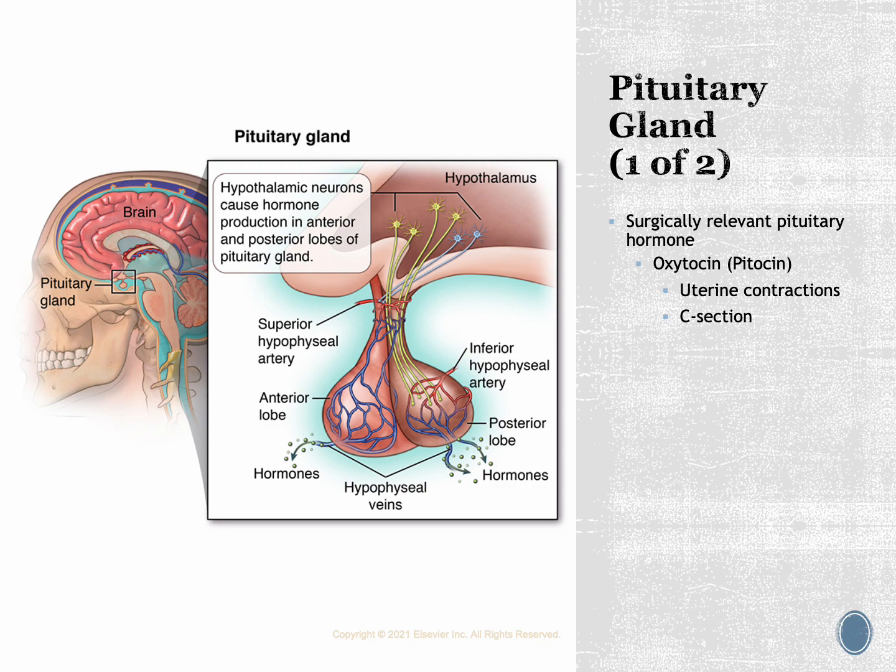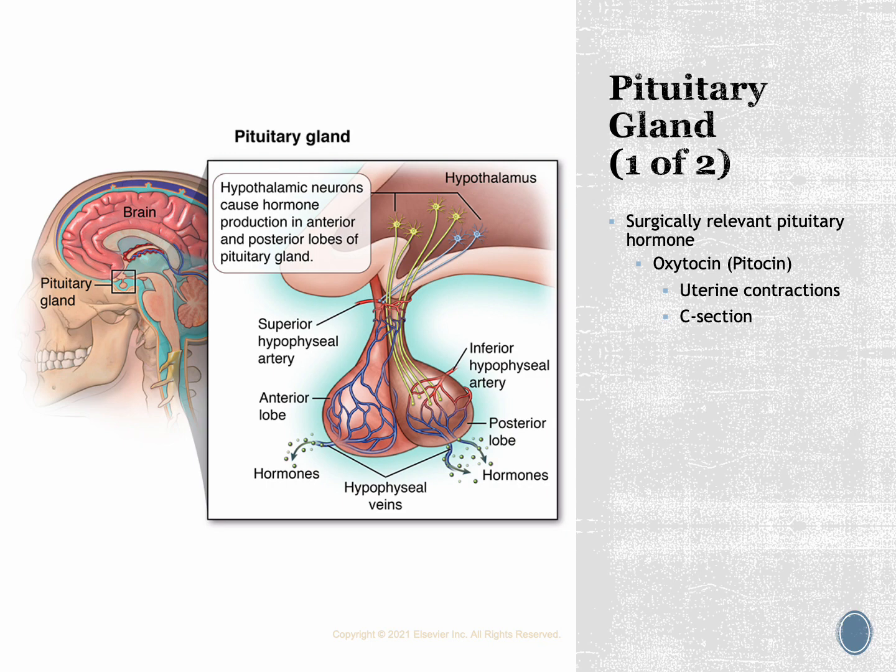The pituitary has two lobes. Like you can see here, it has an anterior lobe and a posterior lobe. The anterior lobe has a really awesome name. It's called adenohypophysis, and the posterior part is called the neurohypophysis.